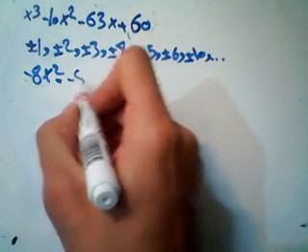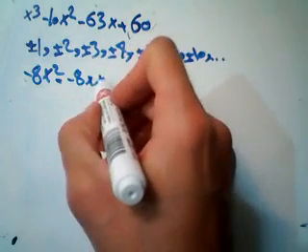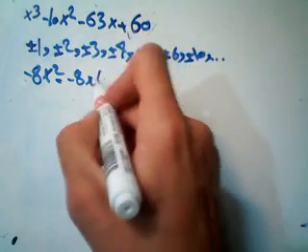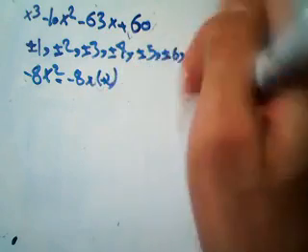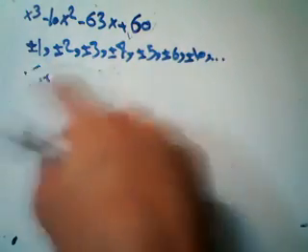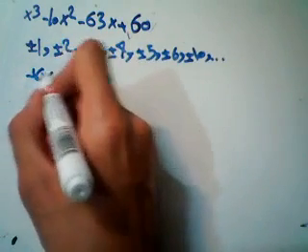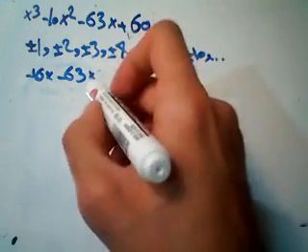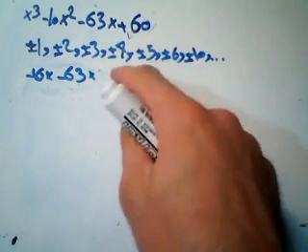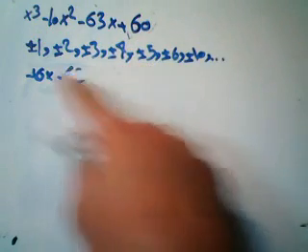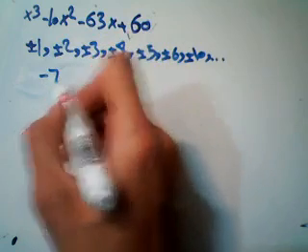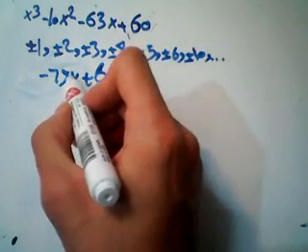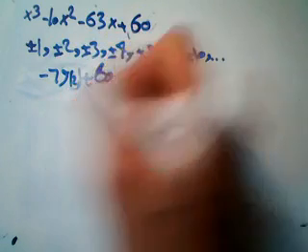Again, this is minus 8x dot x, substitute plus 2, that would be minus 16x, minus 63x is minus 79x, plus 60, and substituting plus 2 into that is not 0.